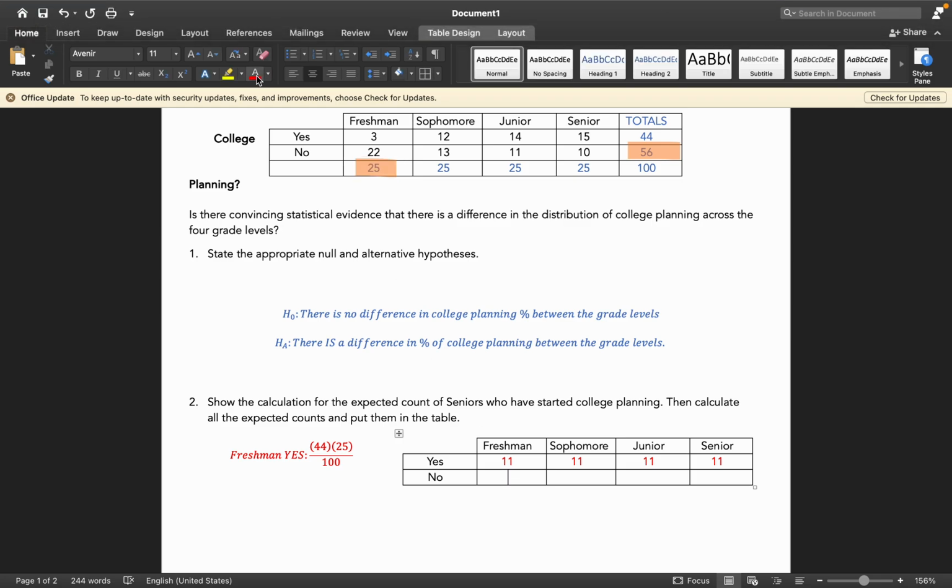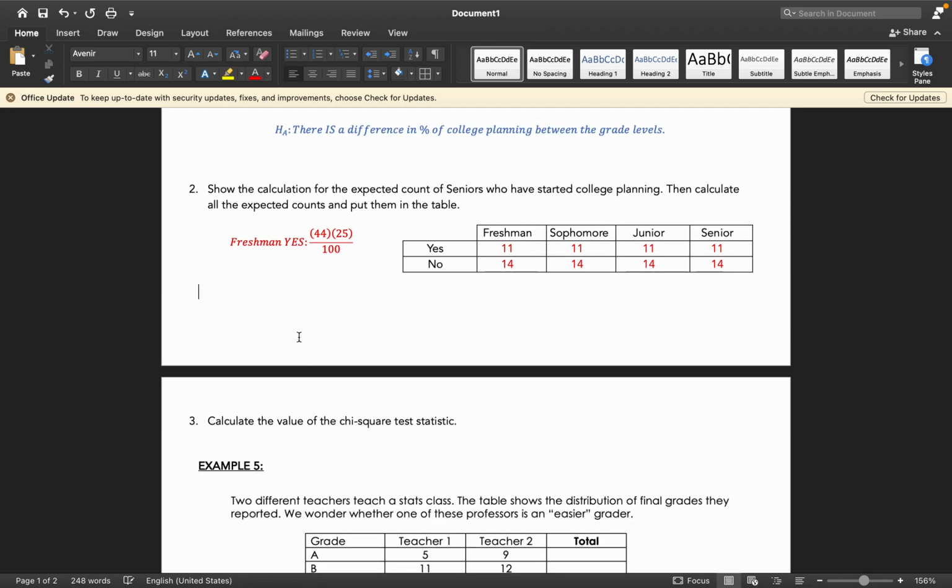So 56 times 25 divided by 100 would give me 14. I can do the same thing for the sophomores and get the same answer, and for the same reason, I get 14 for the last two. So what I've got here are my expected counts.